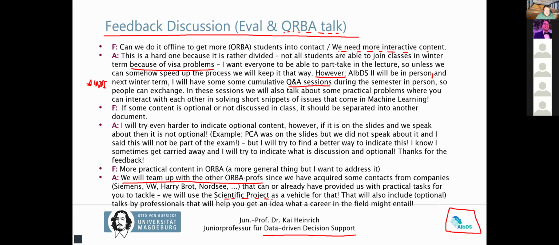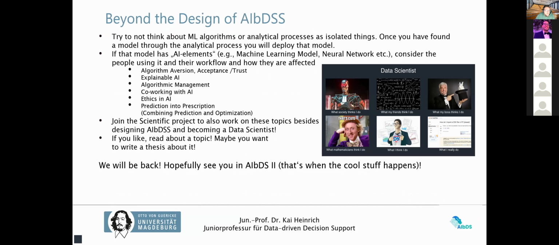We try to work really hard on connecting you with professionals and professional data situations that you can solve if you wish to do so. I hope this shows that we're not just talking, but we immediately searched for a solution to that problem.